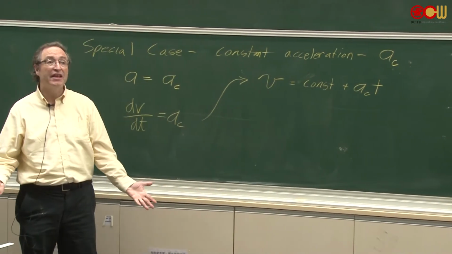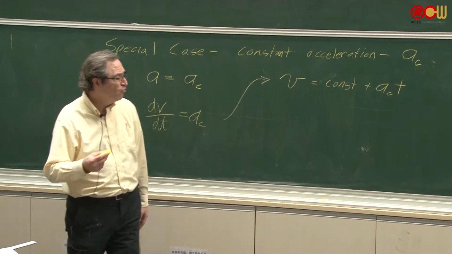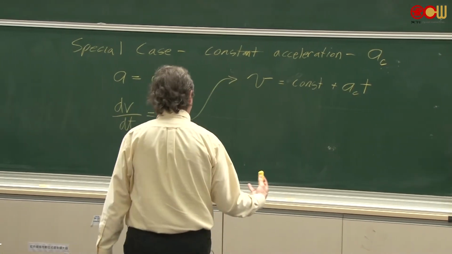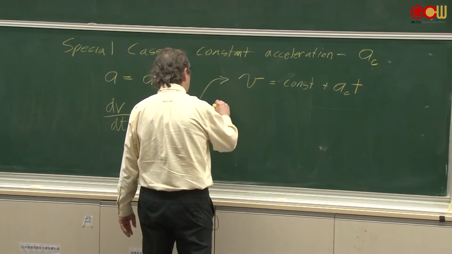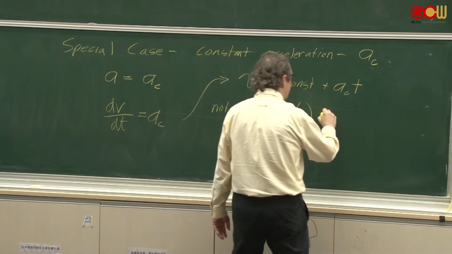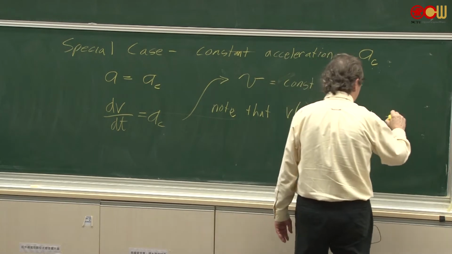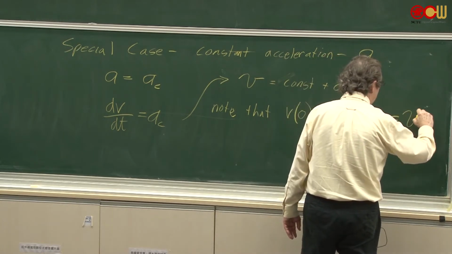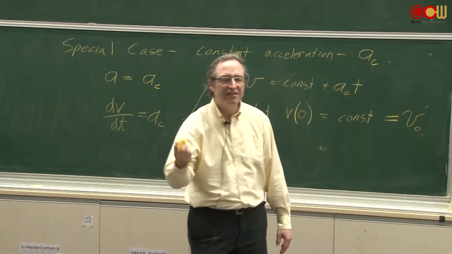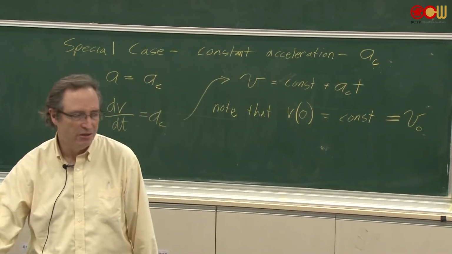All right, so I have the answer. Now, we'd like to give some physical meaning to that constant. And the way we do that is note that v at t equals 0 is just equal to the constant. All right, so it's natural to just call that either v0 or sometimes v sub i for initial.